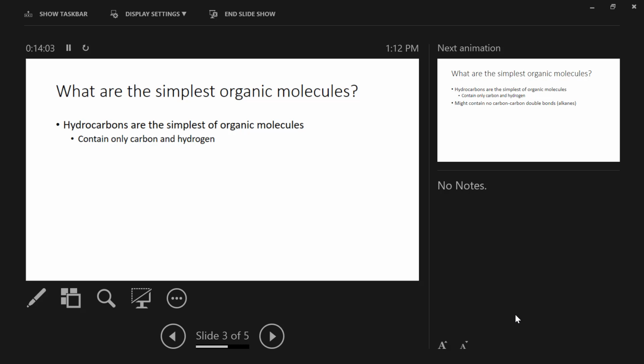They're going to have the least complex chemistry. But just because they're the simplest doesn't mean that there's no complexity there. For instance, these hydrocarbons might contain no carbon-carbon double bonds, or no carbon-carbon triple bonds. And so we would call these alkanes. And so I want to give you an example.